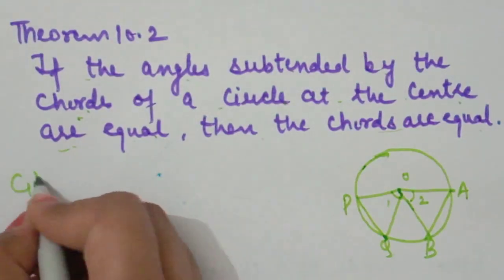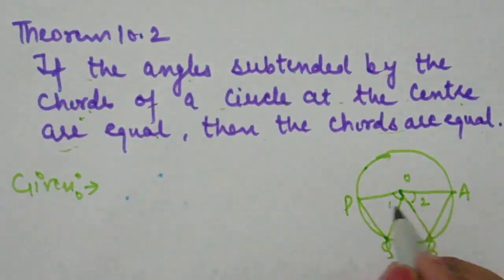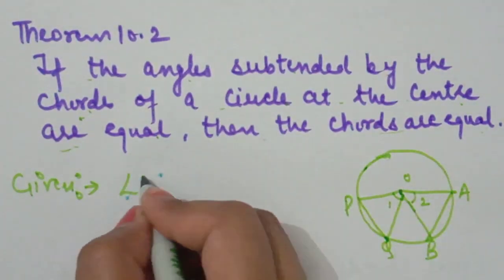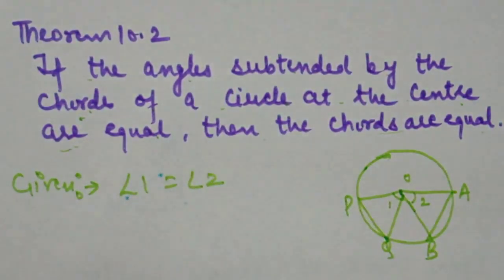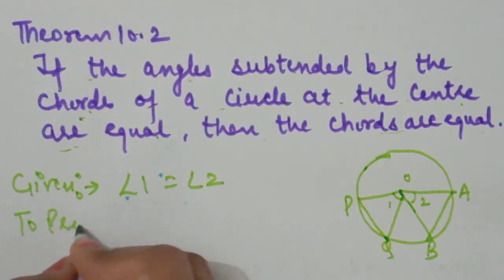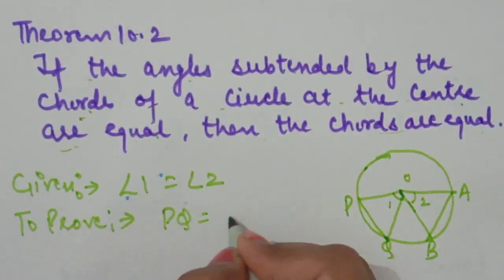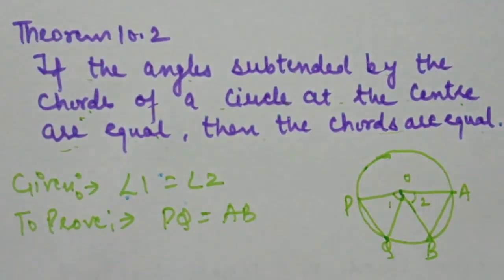So what is given to us, students? Angles subtended by two chords at the center of the circle are equal. Angle 1 is equal to angle 2. To prove, we have to prove that the chords are equal.